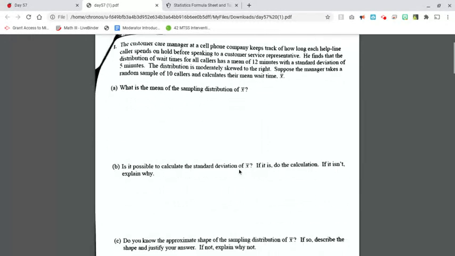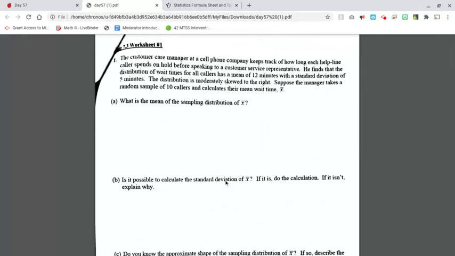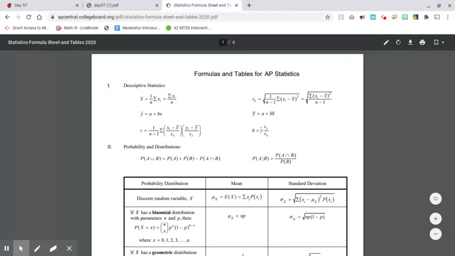Now, is it possible to calculate the standard deviation of X bar? If it is normally distributed, or if we have a sample that is bigger than 30, we can calculate the standard deviation. But because it is skewed to the right, so it's not normally distributed, and our sample size is not 30 or more, we're not going to be able to use that formula.